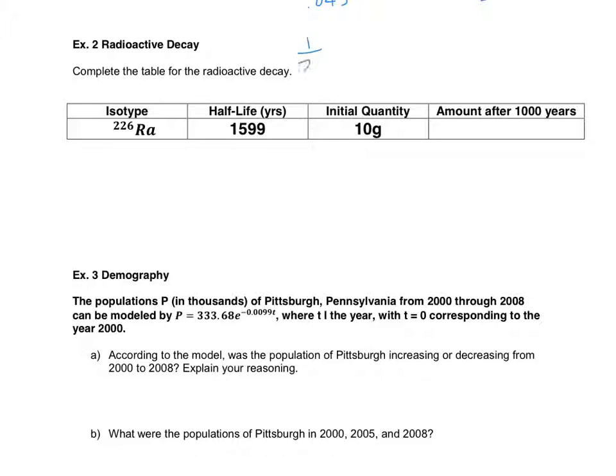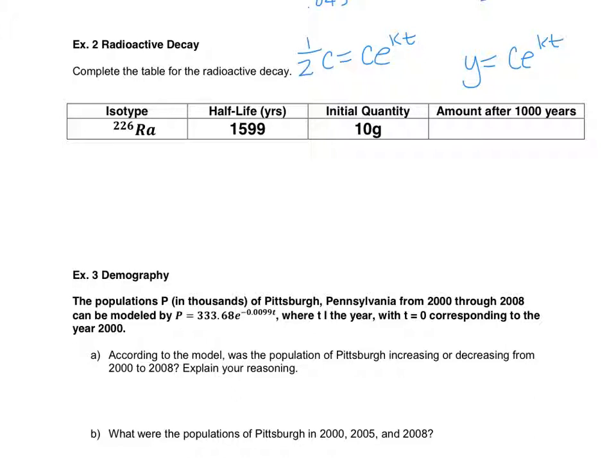Now, half-life is half of C equals C e to the kt. And then we've got our regular formula, which is C e to the kt. Kind of similar to our compound interest formula.